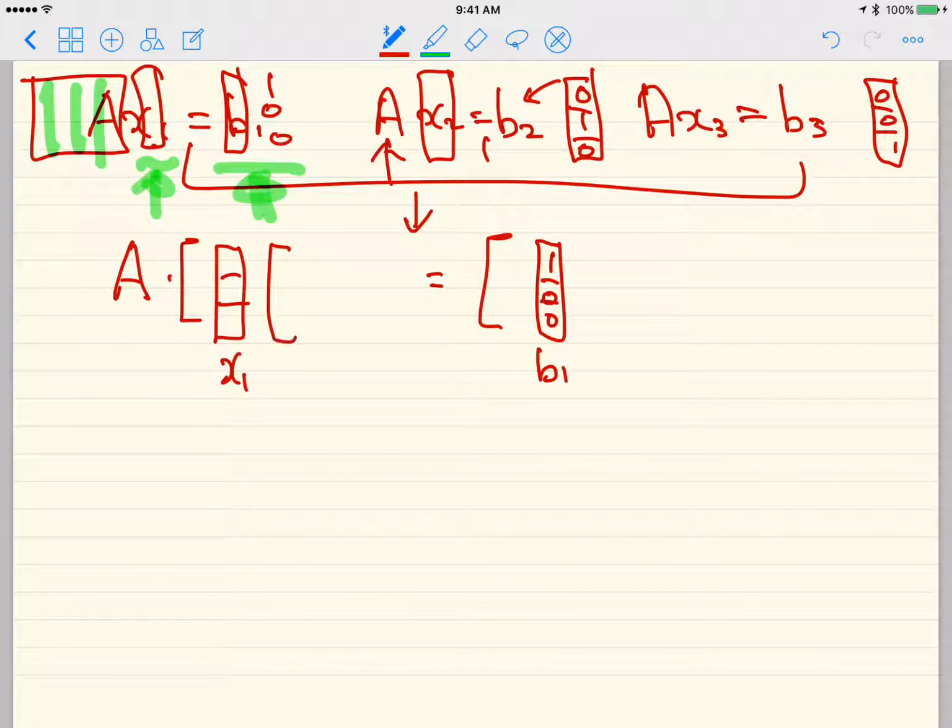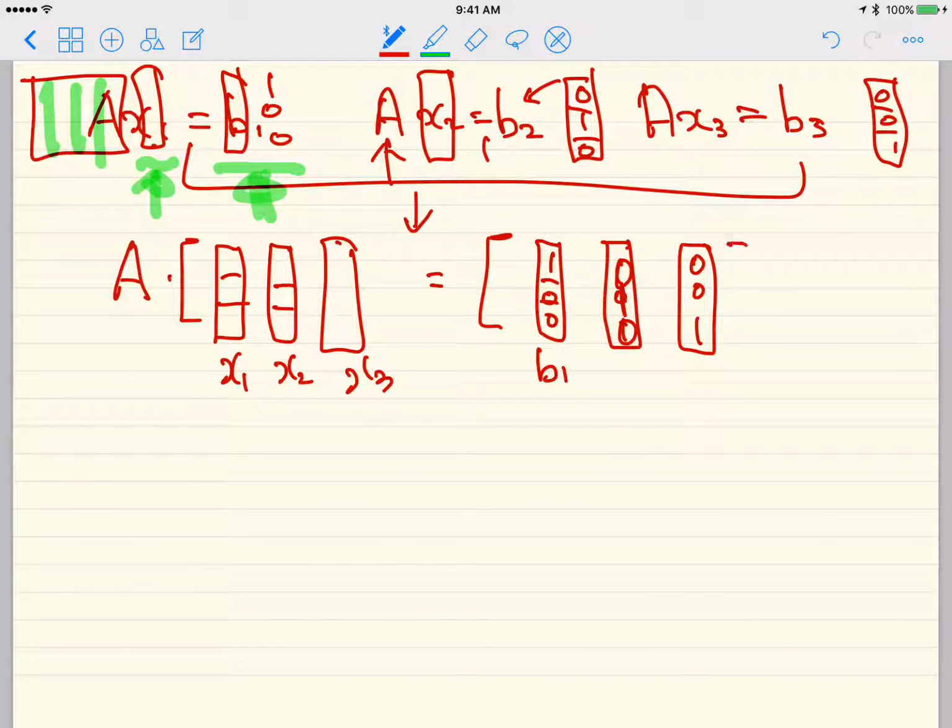So this is X1, and this is X2, and then it will become 0, 1, 0, and X3 will become 0, 0, 1. Okay, so you can see how we can combine all these into this one single equation.